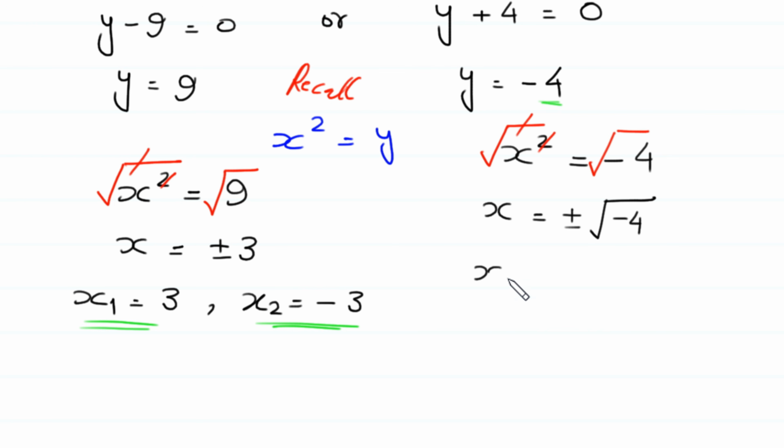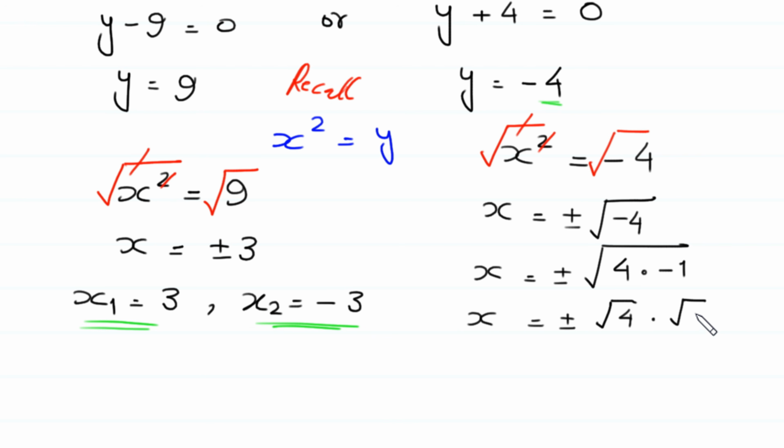Next, x is equal to plus or minus square root of, we can write this negative 4 as 4 times negative 1. Next, x is equal to plus or minus, we can write the square root of 4 times negative 1 as square root of 4 times square root of negative 1.